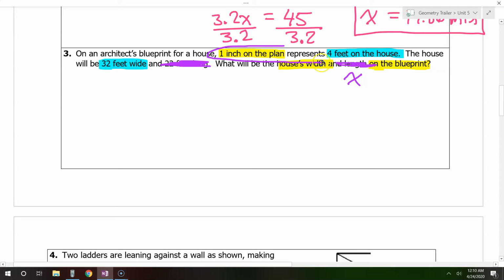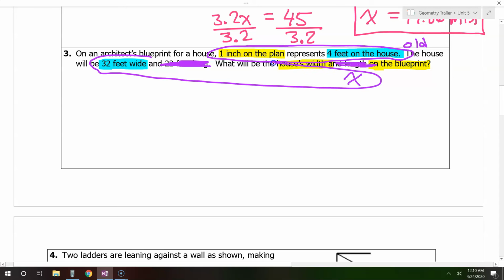The original pair, 1 inch on the plan, 4 feet on the house, I'm going to think of as the old pair. And I'm going to think of this pair as the new pair.